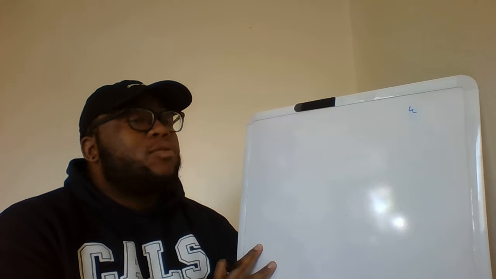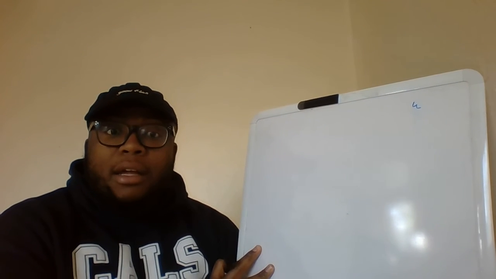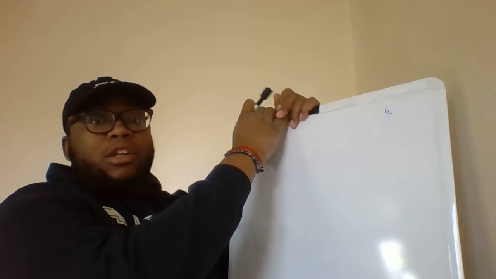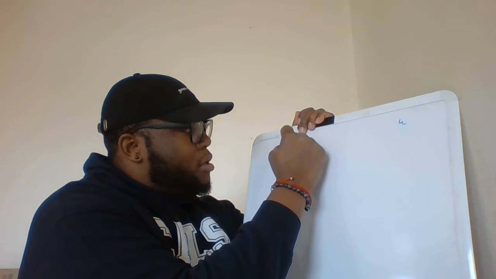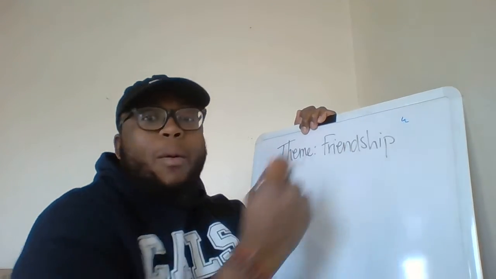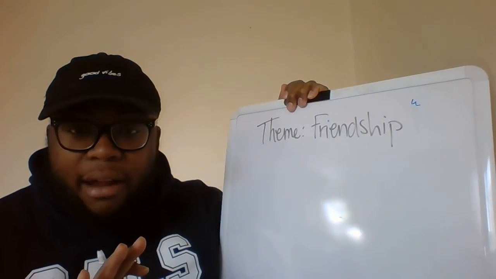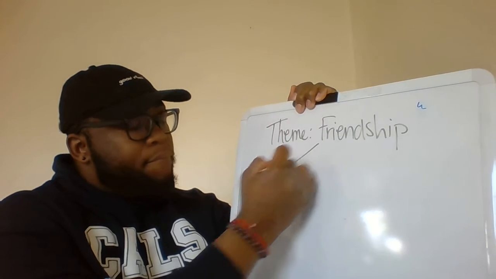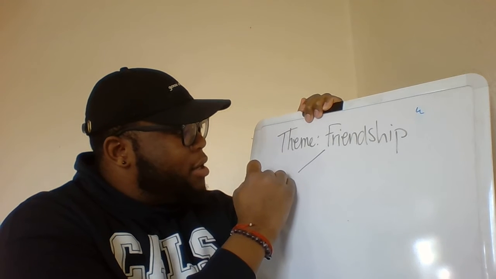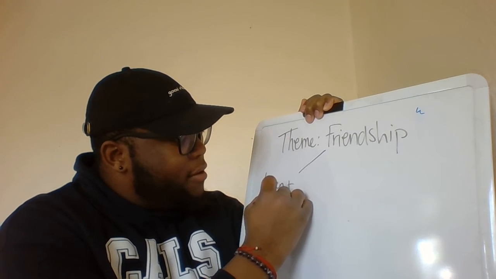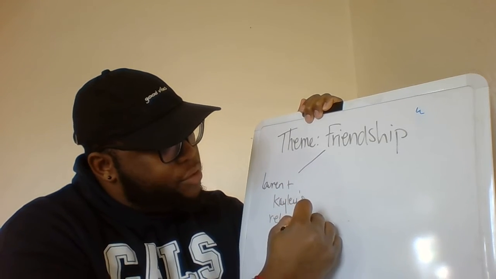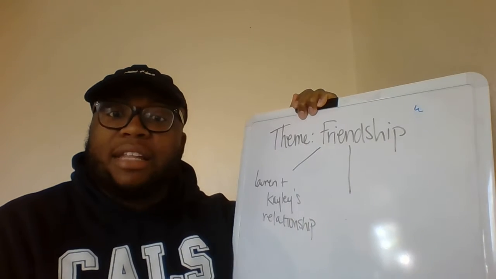So, central idea. What is the main idea of this text? Well, what is the theme? What is the friendship? So if we look at the theme of our story, we have friendship. Why would we say that friendship is the theme of our story? We could say it's the theme because it follows Lauren and Kaylee's relationship.